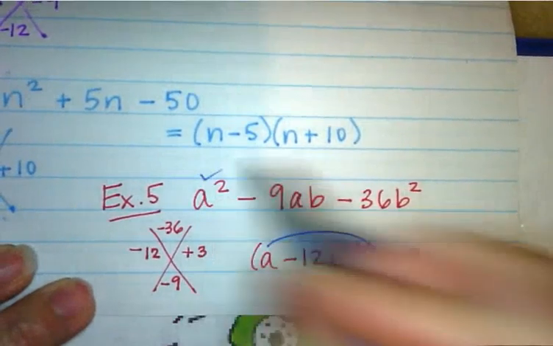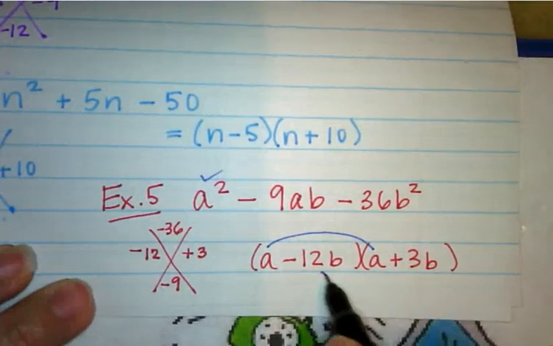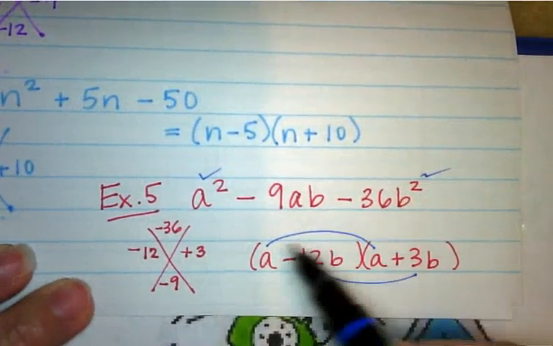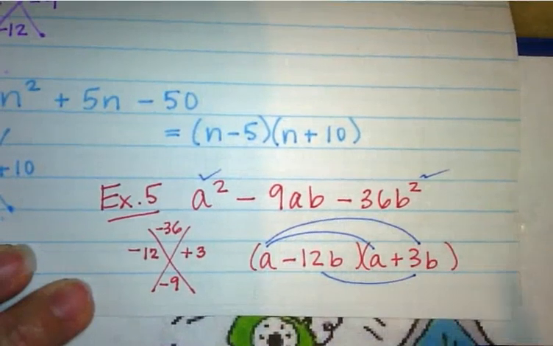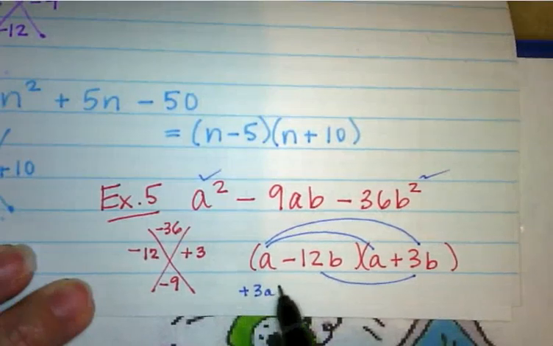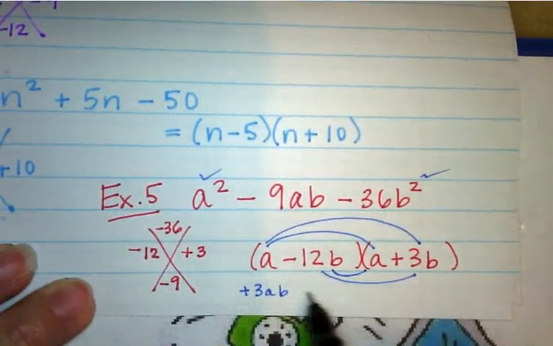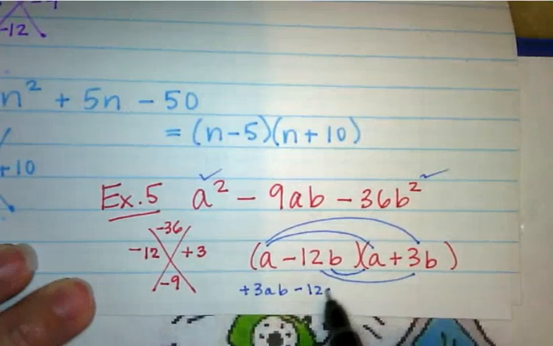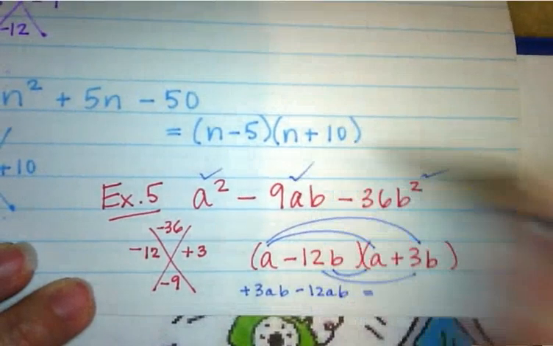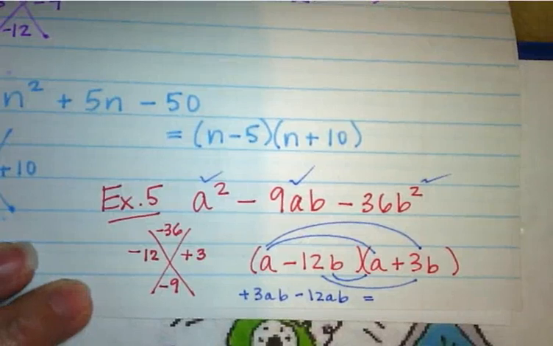So that would give us a squared, and that would give us negative 36b squared. And then our outside would be positive 3ab, and our inside would be negative 12ab. And when we combine those together, we would get the negative 9ab.